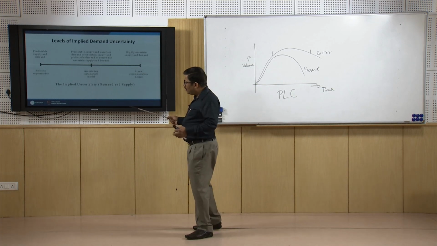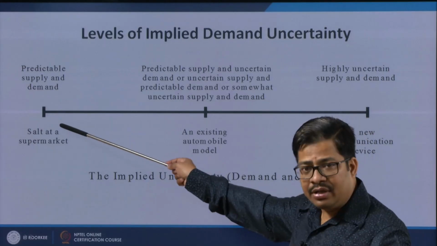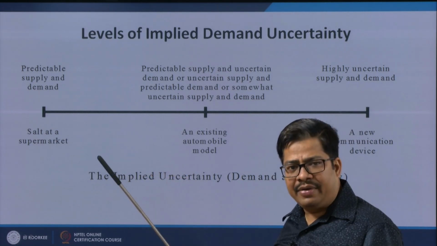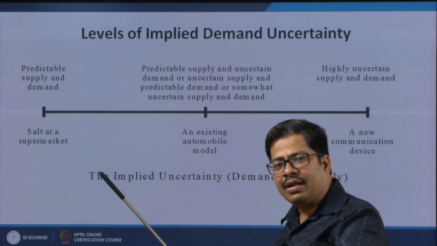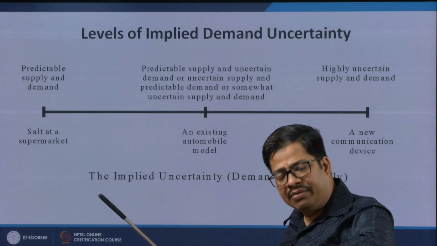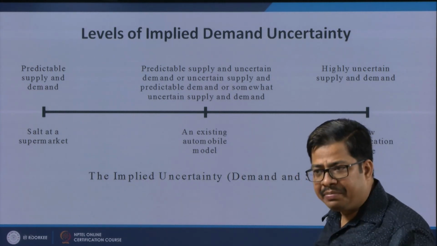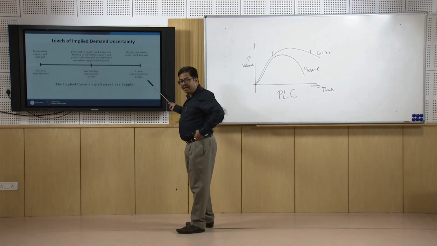So, now you have these two extremes, where on the left you have no uncertainty, suppliers are having a very routine kind of demand, and they are habitual, they have developed a good infrastructure to meet that kind of demand. Here you do not know what type of demand it will be.